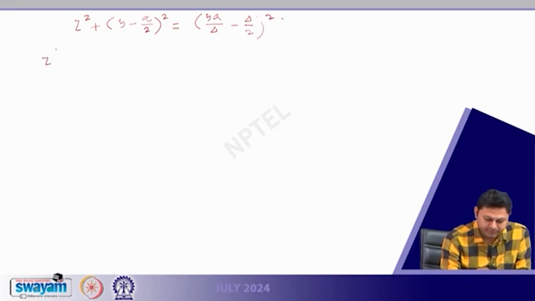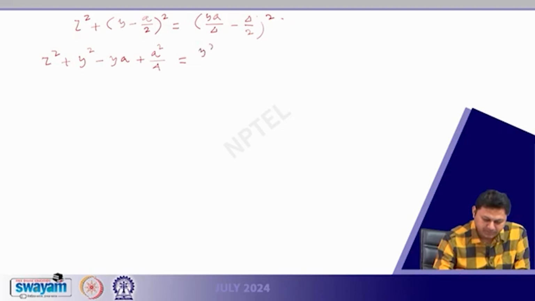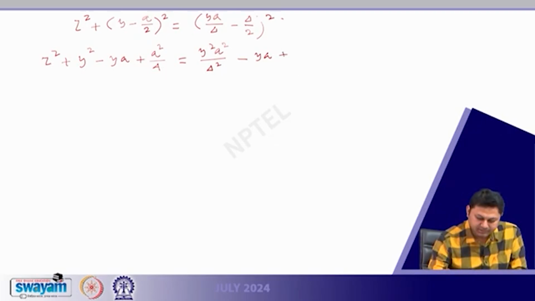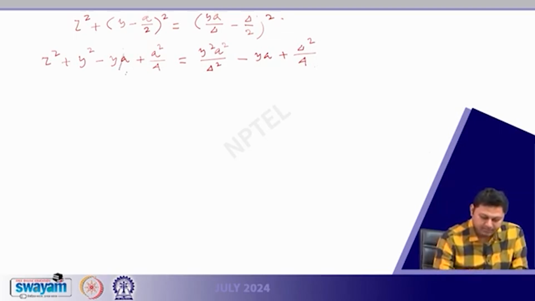So here we have z square plus y square minus ya plus a square by 4, that is equal to y square a square by delta square minus ya, the 2ab term becomes ya, and then plus delta square divided by 4. So the ya term will cancel out.